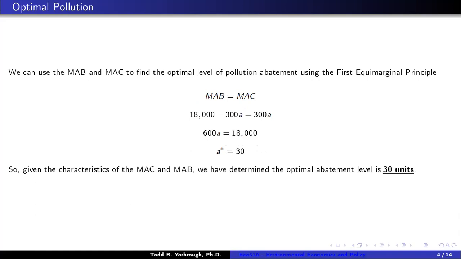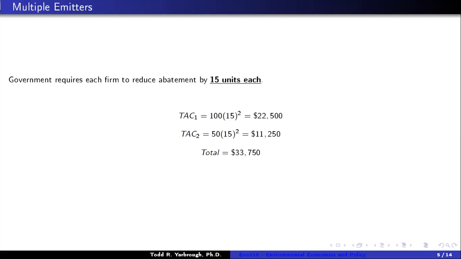Now, we know what the optimal level of abatement is, but the question becomes, who abates what? We have two firms. They have heterogeneous cost functions, so it doesn't cost them the same to abate. So how much should they abate? Well, the easiest solution, perhaps, is a form of what we might refer to as command and control policy. In class, we've discussed the notions of command and control policy.